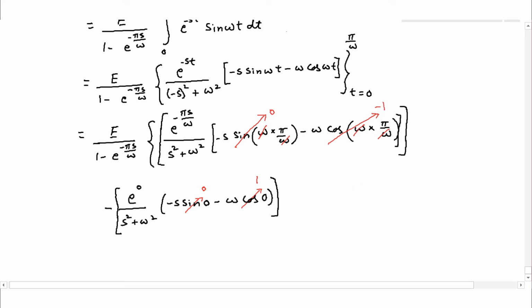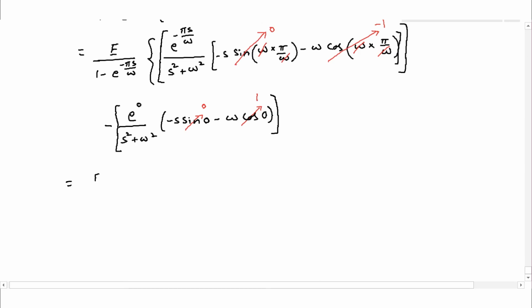So now if you try to rewrite, we get it as e by 1 minus e power of minus pi s by omega, times e power of minus pi s by omega divided by s square plus omega square. So this first term is 0. The second term has become minus 1.